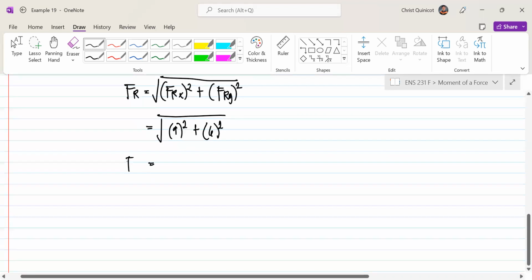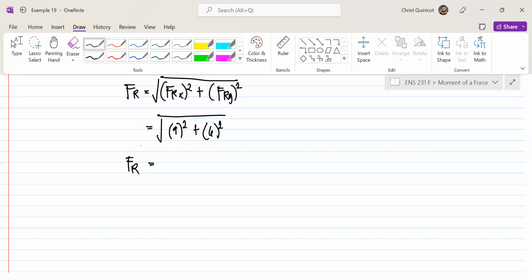This is the square root of 9 squared plus 6 squared, and the answer would be 10.81665383 kilonewton. So this is our magnitude.